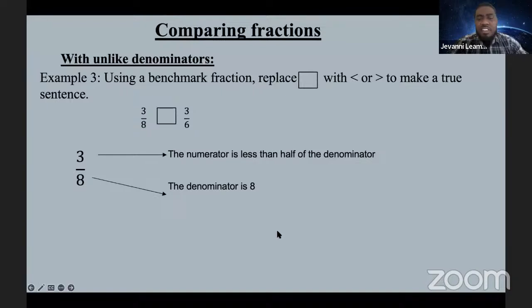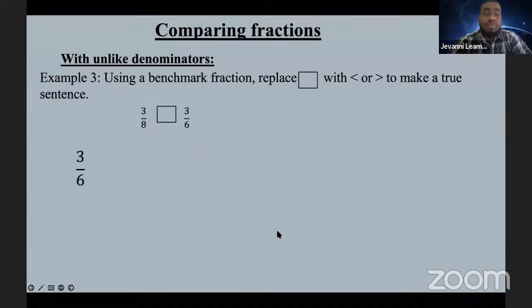Now, let's look at the other fraction, 3/6. What is my numerator for 3/6? 3. Using that same guide, would that 3 be half of the denominator?